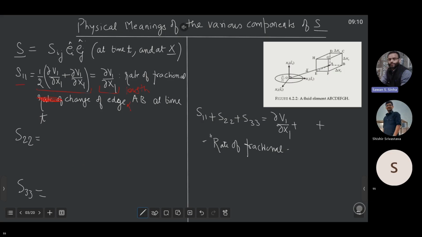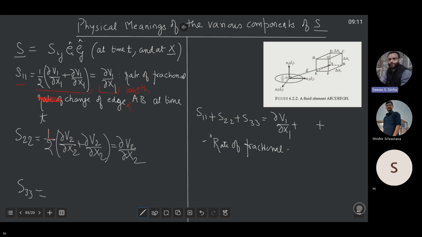Similarly, S22 will turn out to be del V2 del X2. Does it have a physical meaning? It has. What is the physical meaning, if I ask? Rate of fractional change in BC, no. Achha, you can say BC also, but I have been saying AD.